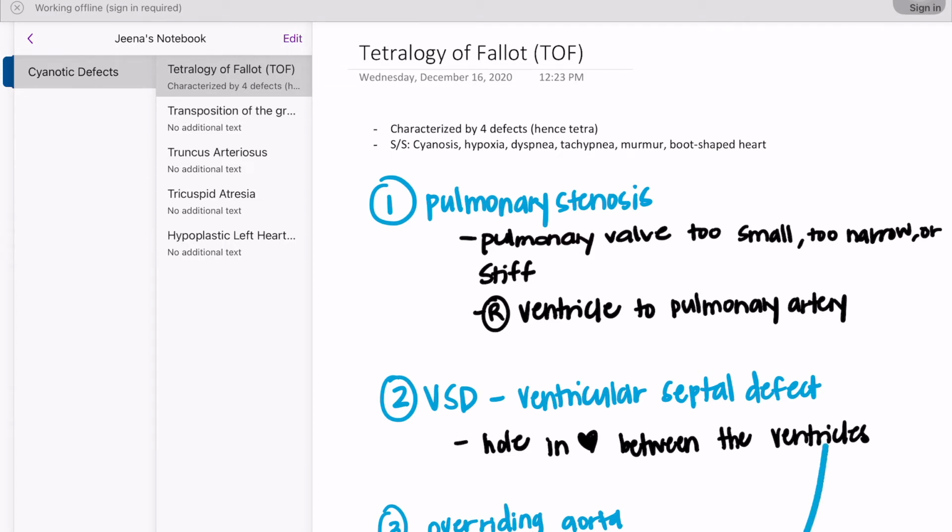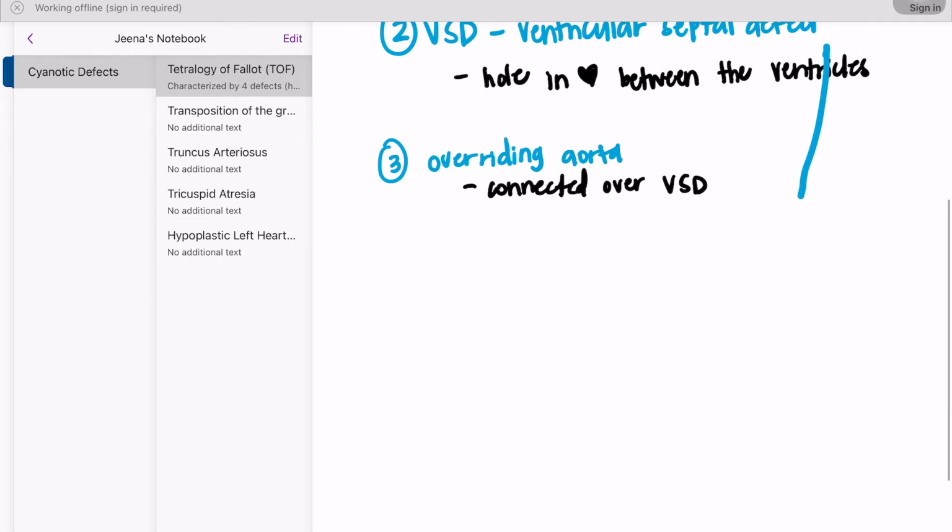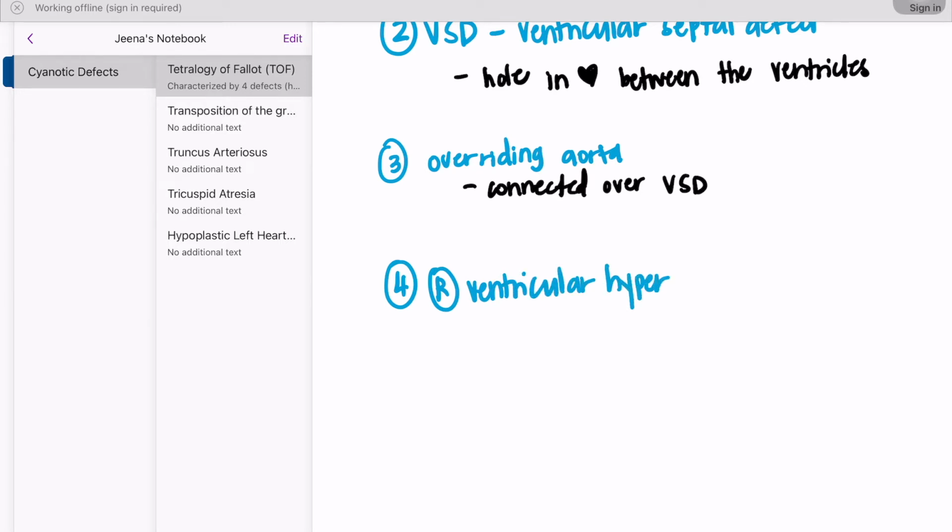And then last but not least, it's right ventricular hypertrophy. So pretty much what this is that the walls of the right ventricle are thickened due to chronic pressure overload. And this can be seen in an ECG.